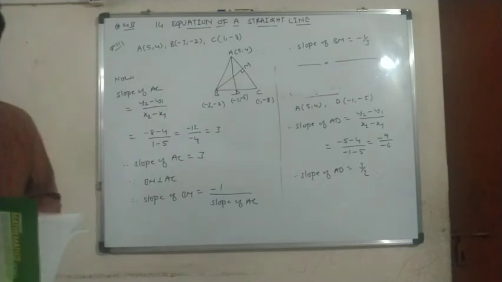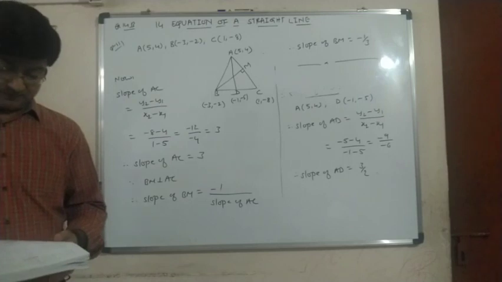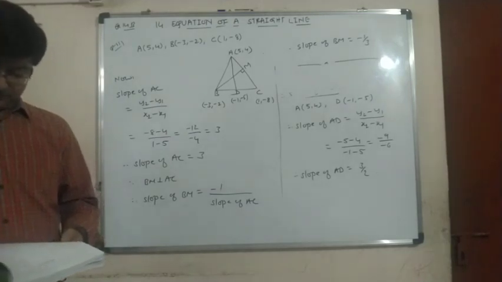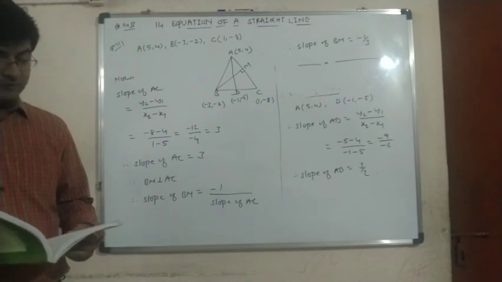So if the fundas are clear, you will not have any problem in this chapter. Question number 11, -1 upon 3 we got. Now let us solve question number 12.